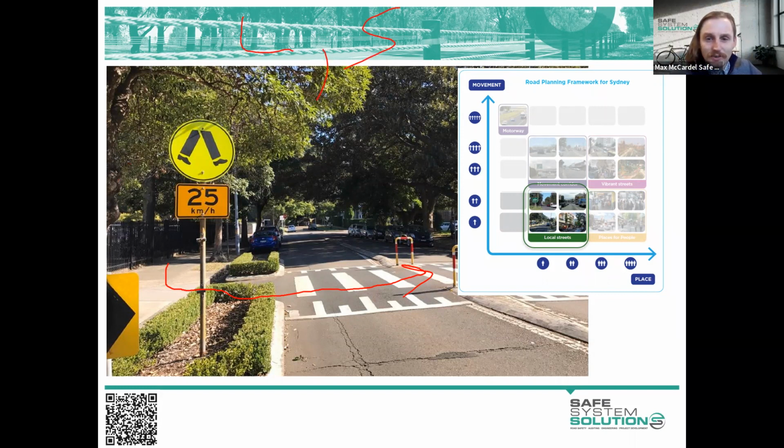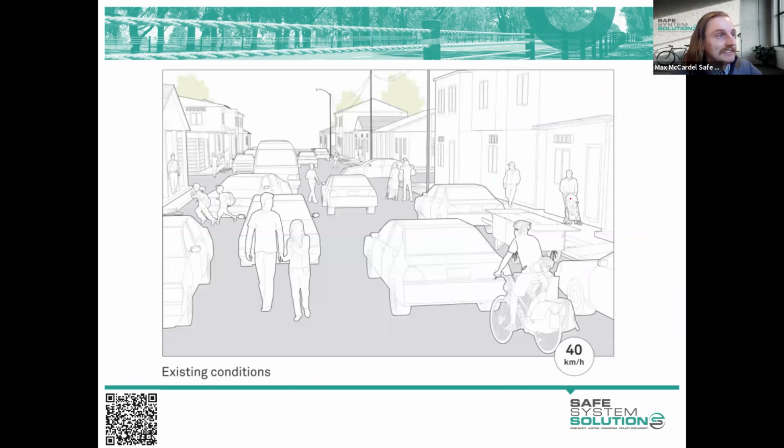I've got another artistic rendition now of an existing condition. And once again, I'll get you to jot down in the chat, and please, in brackets, add E, L, or S, exposure, likelihood, or severity. What would you do within this local street, which is currently at 40 kilometers per hour?